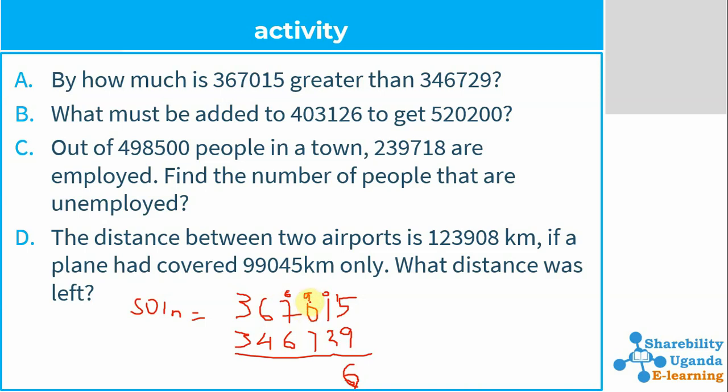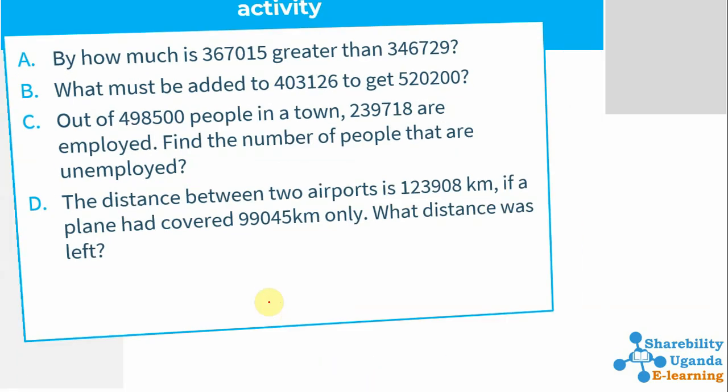Then 10 minus 1, there remains 9. Now 10 minus 2, we get 8. Then 7 minus 9, our answer is 2. This is 6 now. 6 minus 6, we get 0.